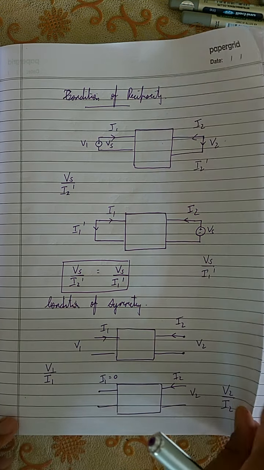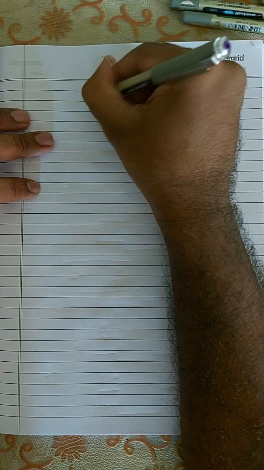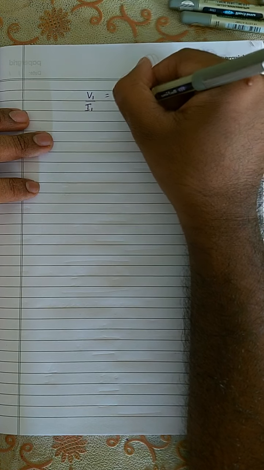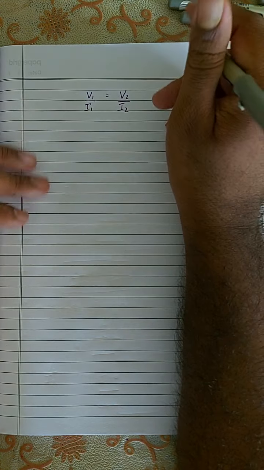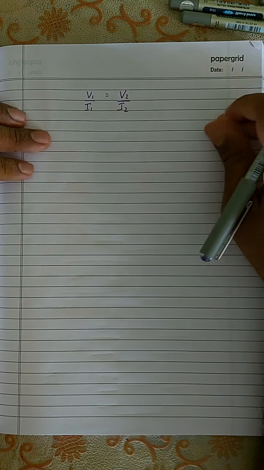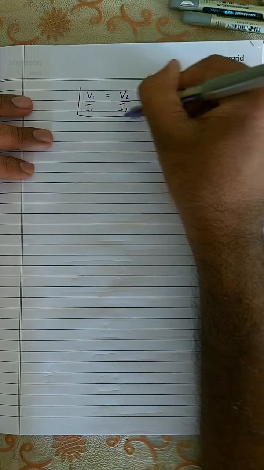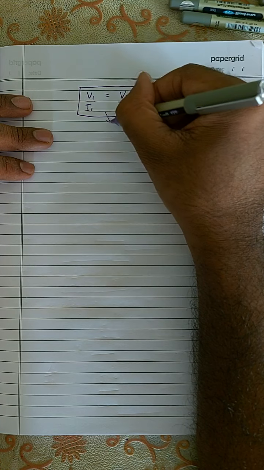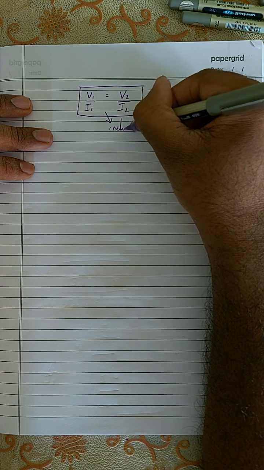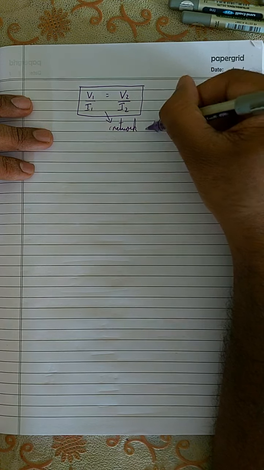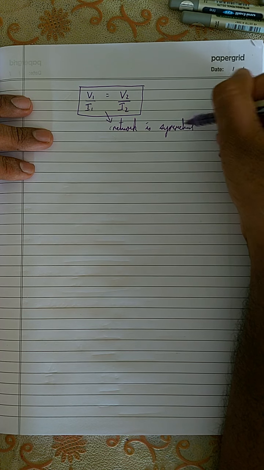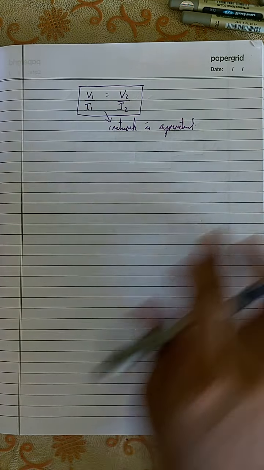If these two ratios are the same, that is, the voltage to current ratio of one port is the same as the voltage to current ratio of the second port, keeping the other port open, then that condition is called the condition of symmetry. If this condition is satisfied, then we say that the network is symmetrical.